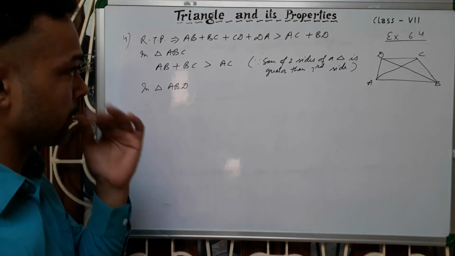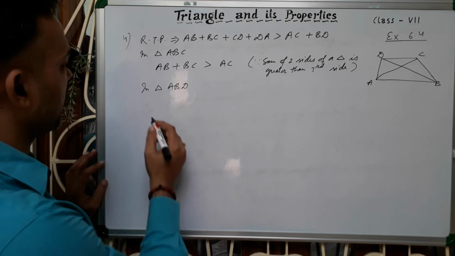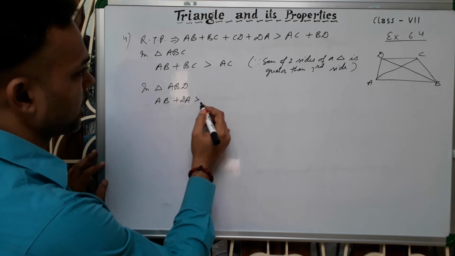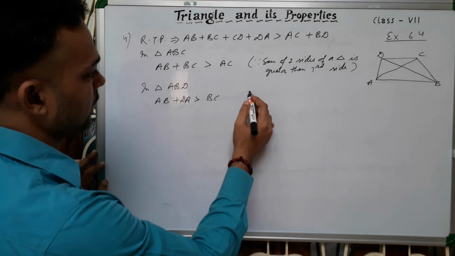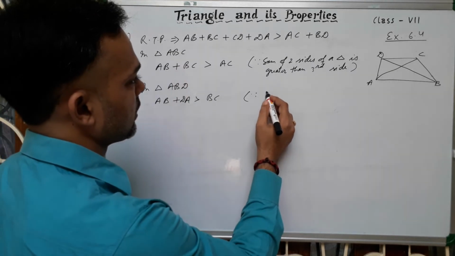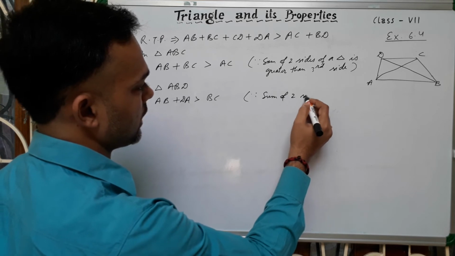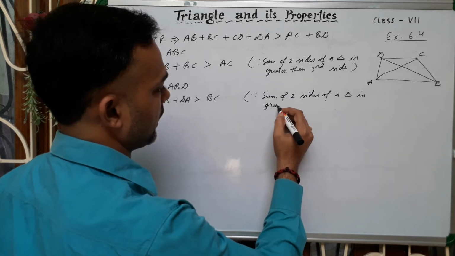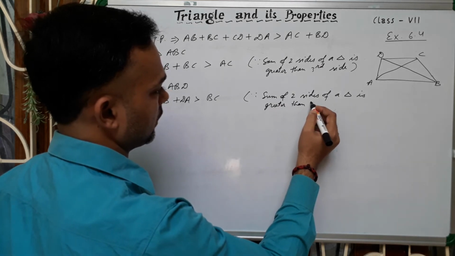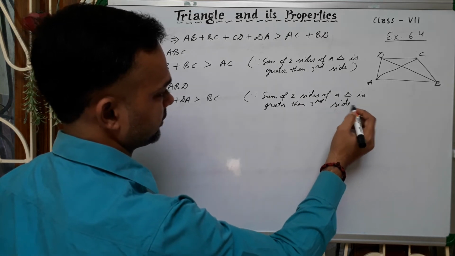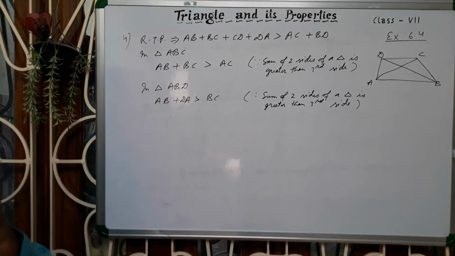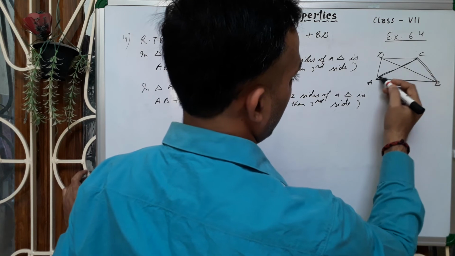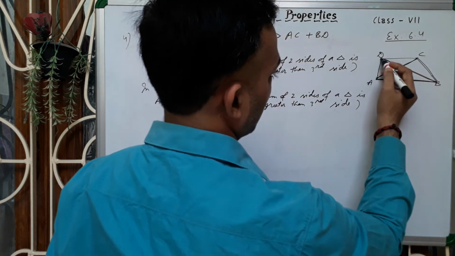When we are taking this triangle ABD, then what will be happening is that AB plus DA will be greater than BD, and the reason remains same, since sum of two sides of a triangle is greater than third side. Okay, then let us take the other triangle as we have taken. See, we have taken this triangle, we have taken this triangle.